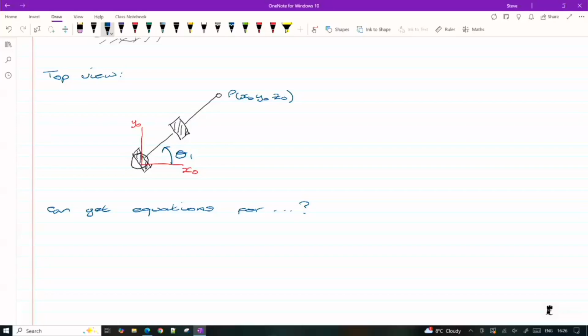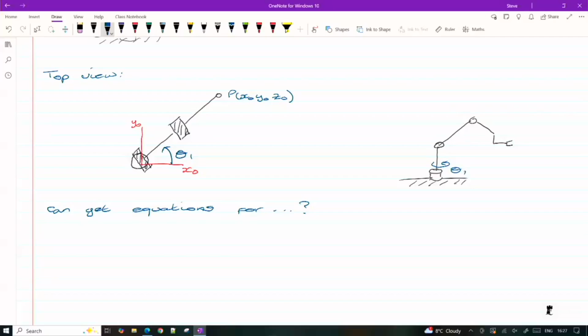And just remember, when our robot is moving, we have theta 1 that's moving into and out of the page.